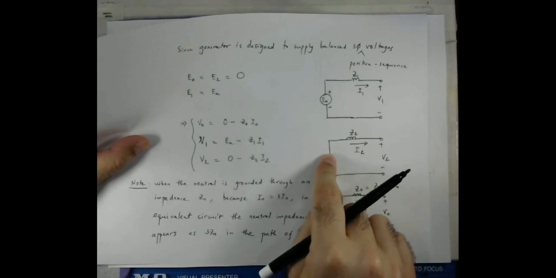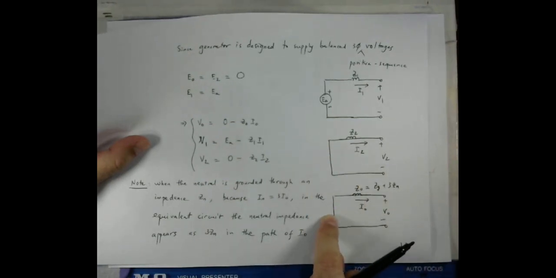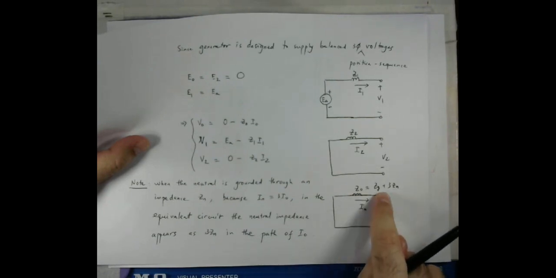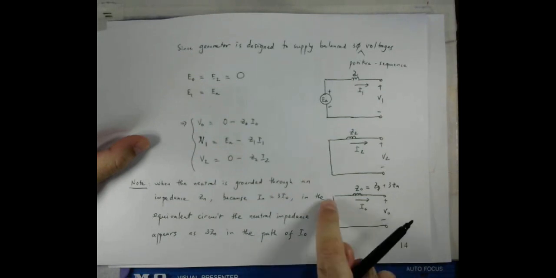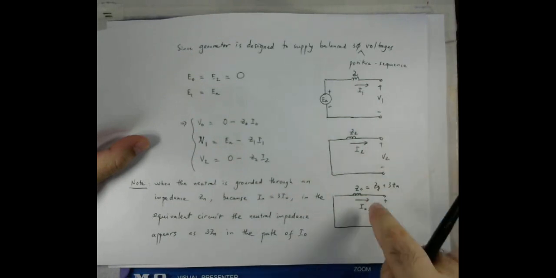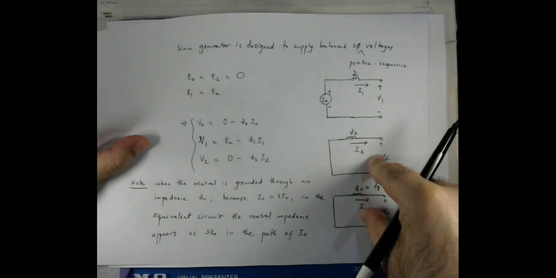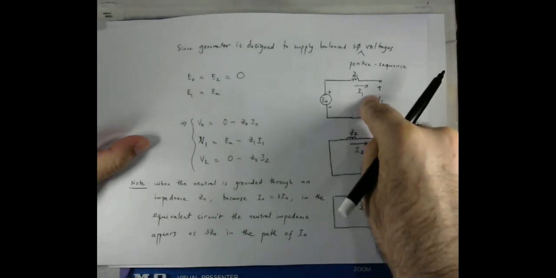This represents the zero voltage. Similar is the case of the zero sequence network, but important is that now we have Z0 equal to Zg plus 3Zn. We have already discussed this. So these two are the zero and negative sequence networks, and this is the positive sequence network.